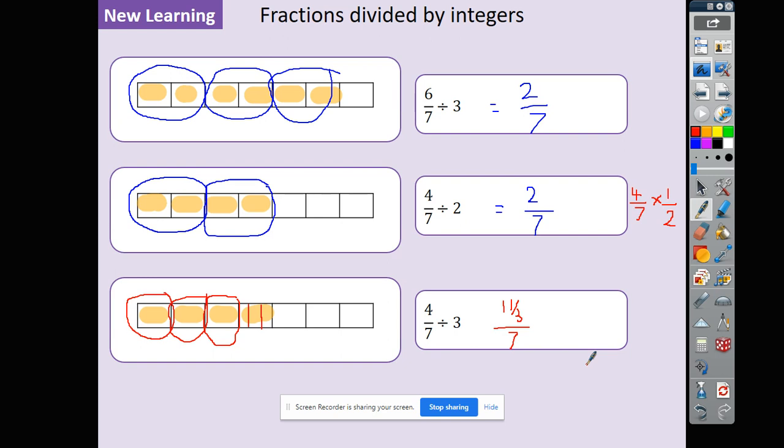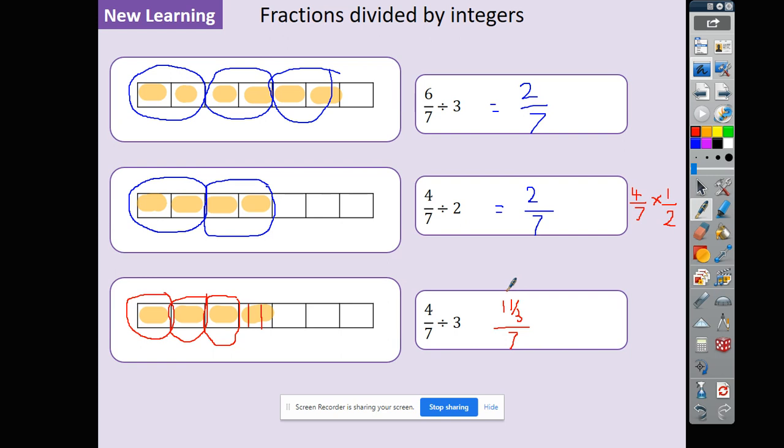So we're going to have a look at how we could change that. So what could we do using our prior knowledge of fractions? We could have a look at an equivalent fraction. So I know that thirds, I can multiply that by 3 to get a whole one.